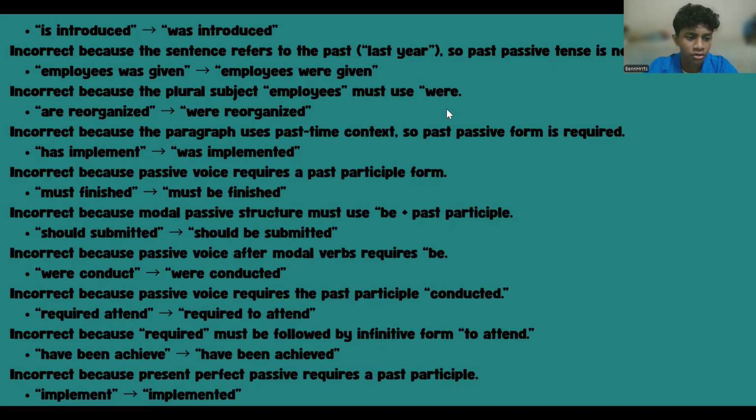"Work conduct" to "work conducted," incorrect because passive voice requires the past participle conducted. "Required tend" to "required to attend," incorrect because required must be followed by the infinitive form like to attend. And "have been achieved," incorrect because present perfect passive requires the past participle.